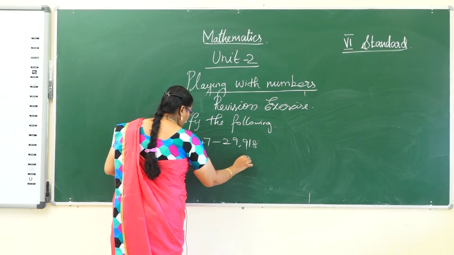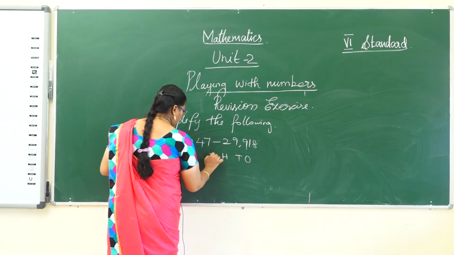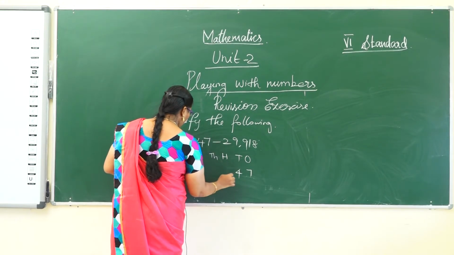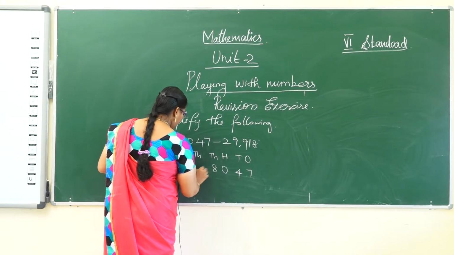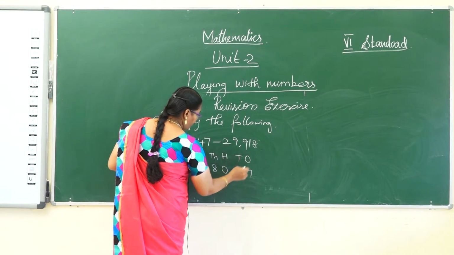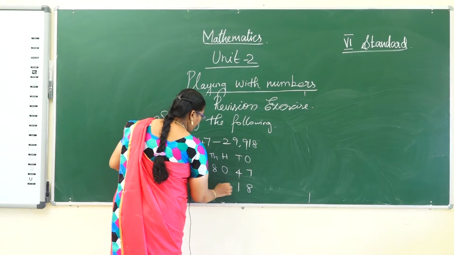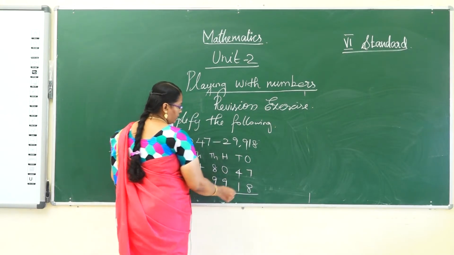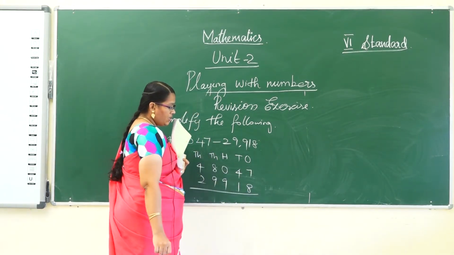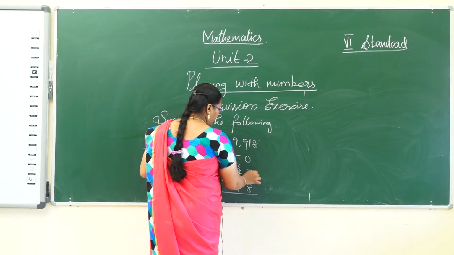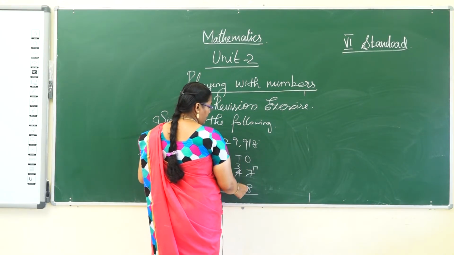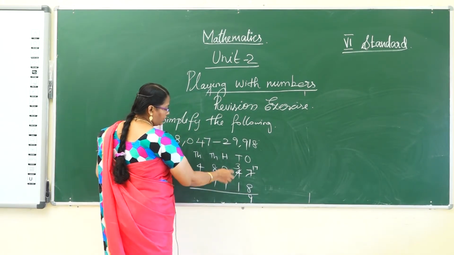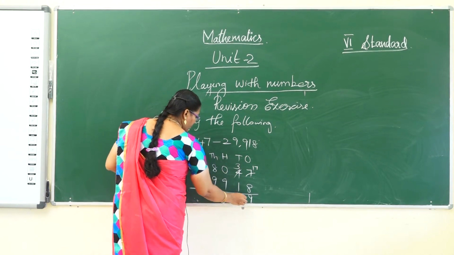First write the ones, tens, hundreds, thousands, ten thousands. Write 48,047 and below it 29,918. Subtract now. Is this possible? It's not possible, so borrow from here: here 3, here 17. 17 minus 8, we get 9. 3 minus 1, 2.